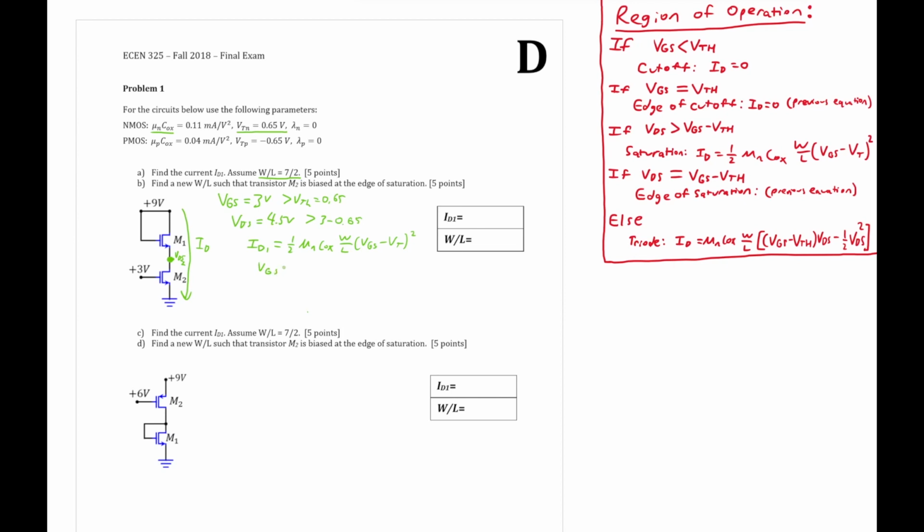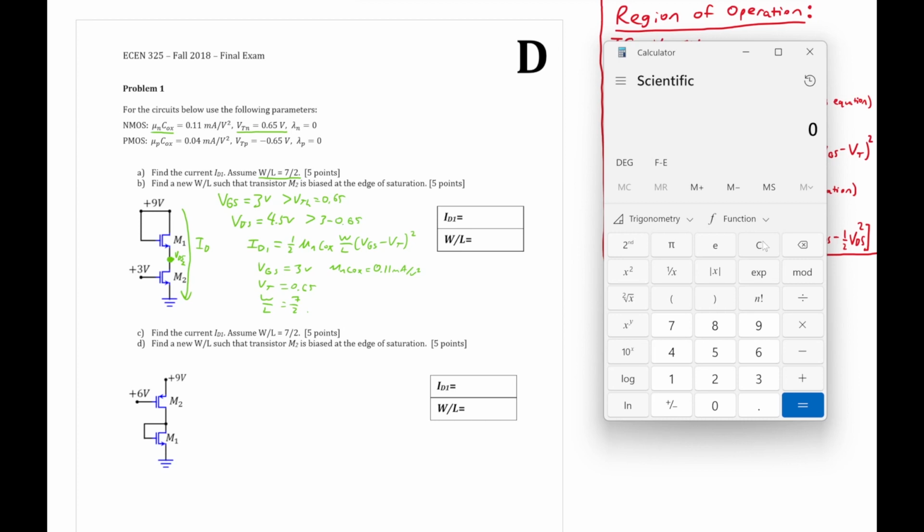Our VGS is 3 volts, our VT is 0.65 volts, our W over L is 7 over 2, and our mu n COX is 0.11 milliamps per volt squared.